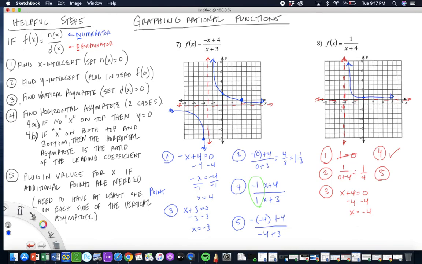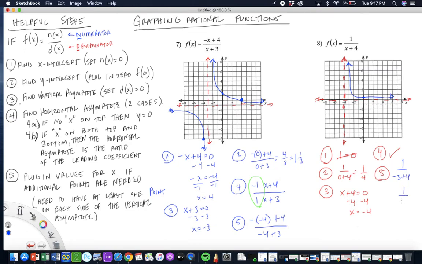Now I need to find the other side, so I'm going to choose a point to plug in. Like I said in the last video, if I choose a point right next to the vertical asymptote, I get a number that's easier to graph. So in this case I'll plug in -5 for x.